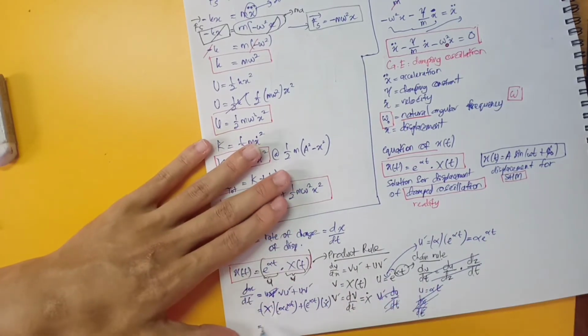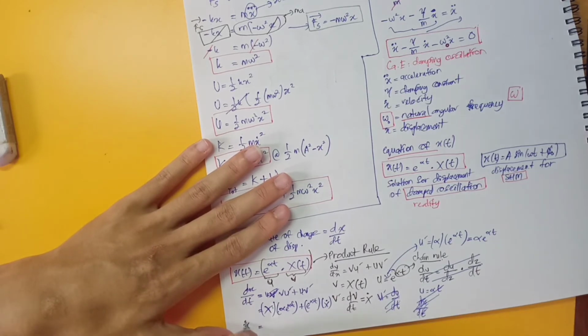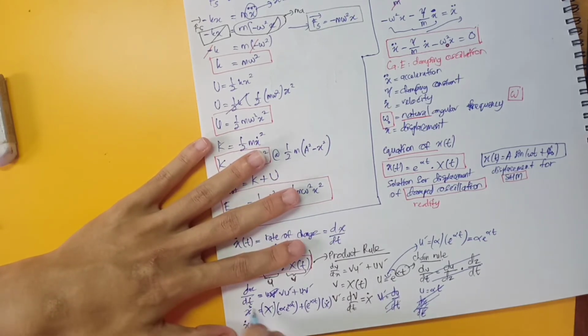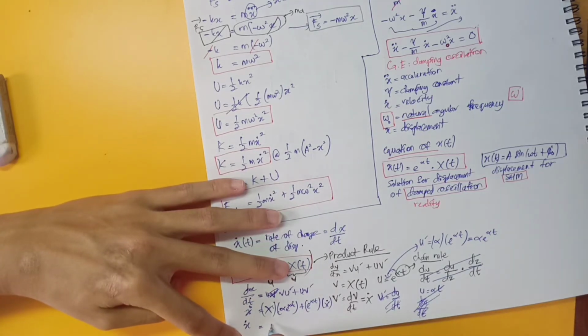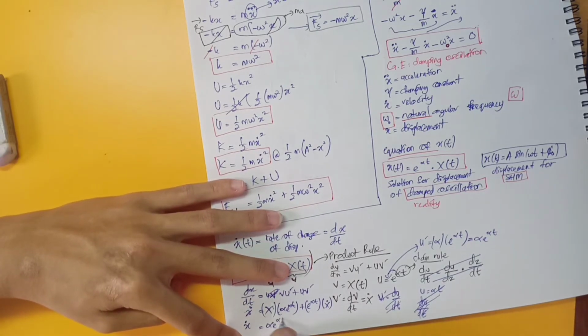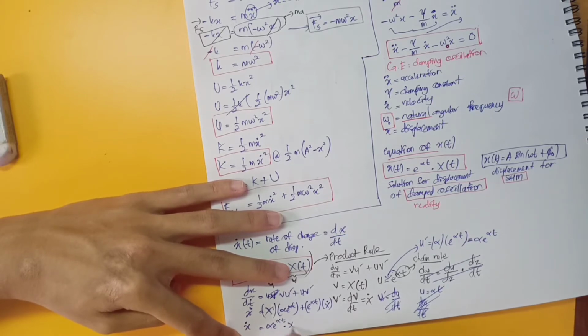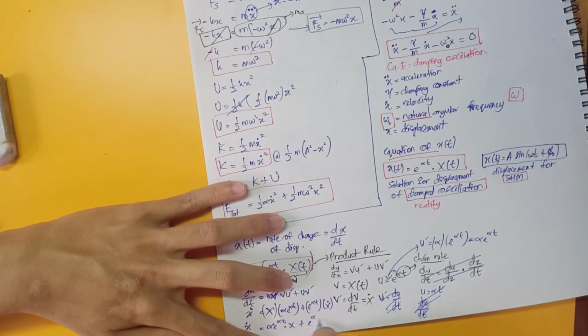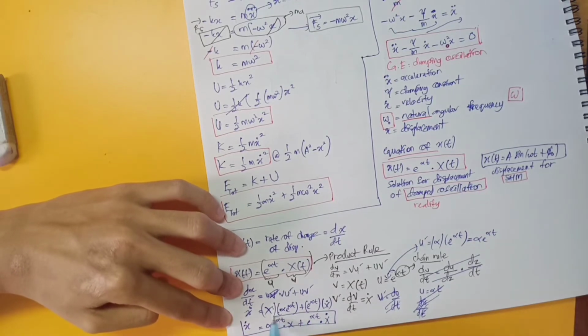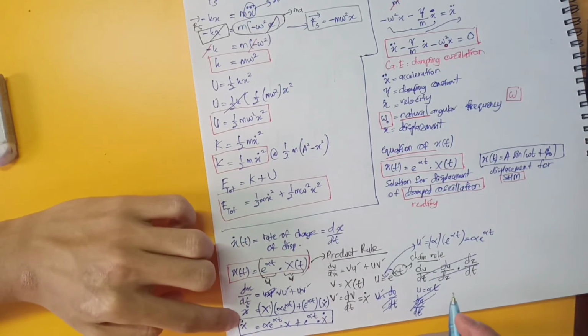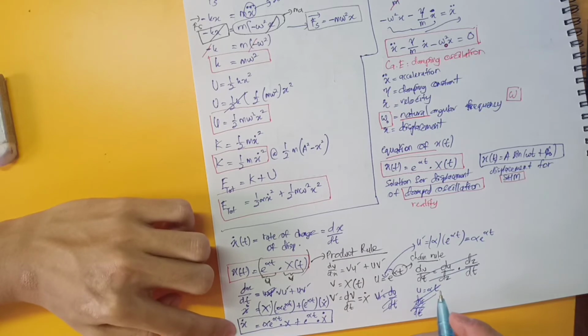Finally we find that x single dot, which is dx over dt, is equal to alpha e power of alpha t times x, plus e power of alpha t times x dot. So this is the velocity for the delta oscillation.